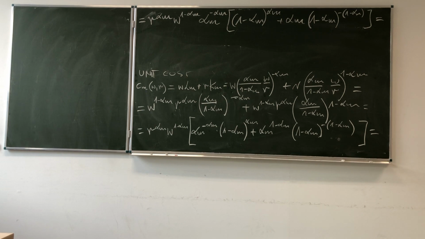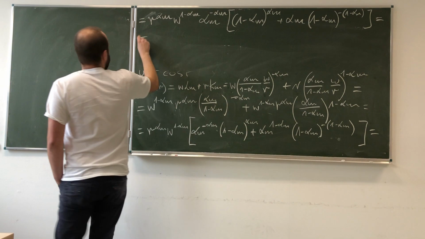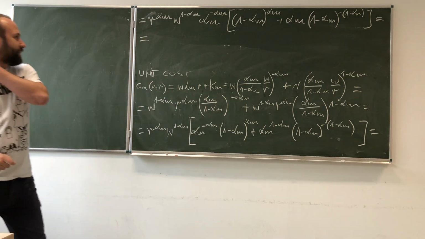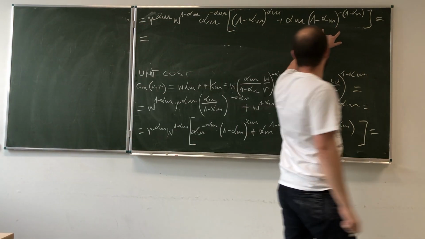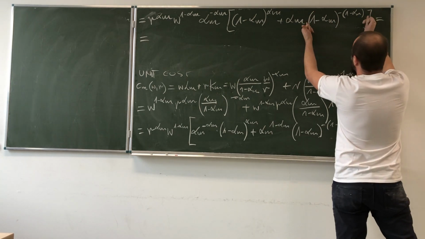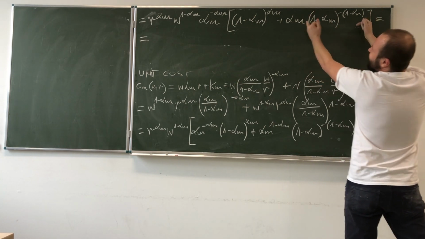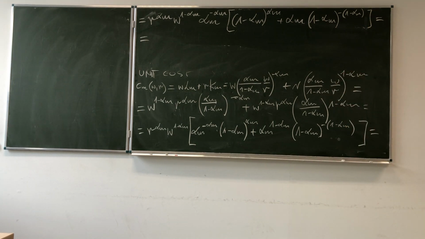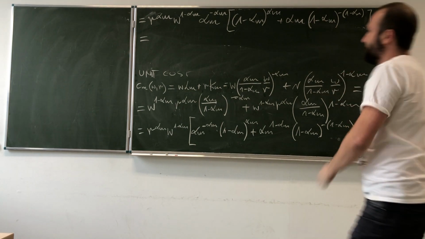Okay, did we get everything? So, finally, we should also get rid of some expression with 1 minus alpha m. Let's get rid of this one, because this one is definitely the most problematic for us at this moment.